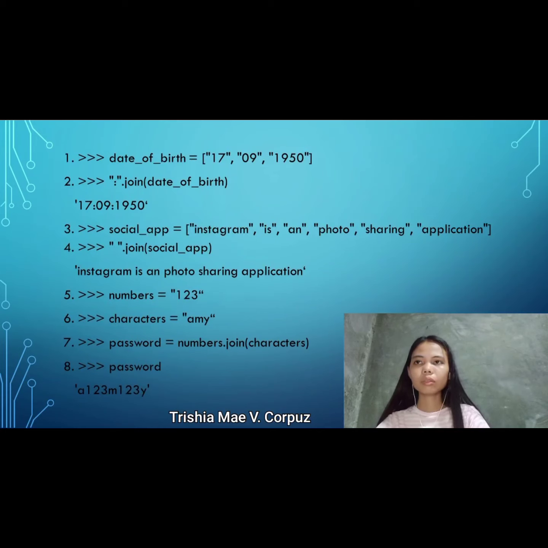Kung titignan nyo itong example natin, lahat ng items sa list na date underscore of underscore birth list variable ay string type. Sa string na colon, ang ginawa ng join method dyan ay in-insert niya yan sa pagitan ng bawat list item. Tapos, yung concatenated string ay dinisplay niya. Nakikita niyo dyan. Dito sa number 2.